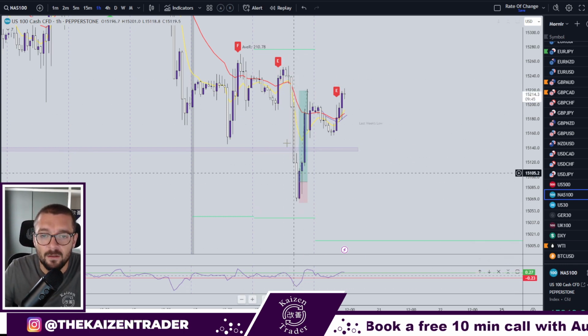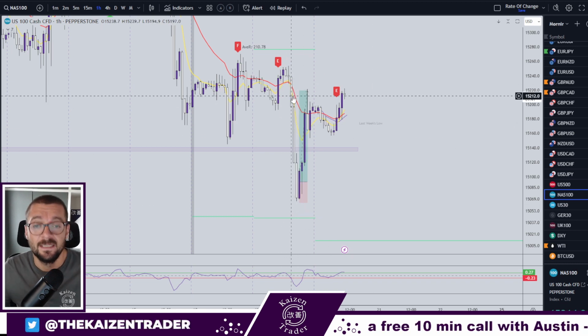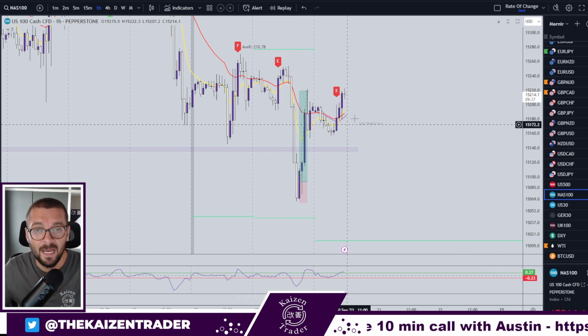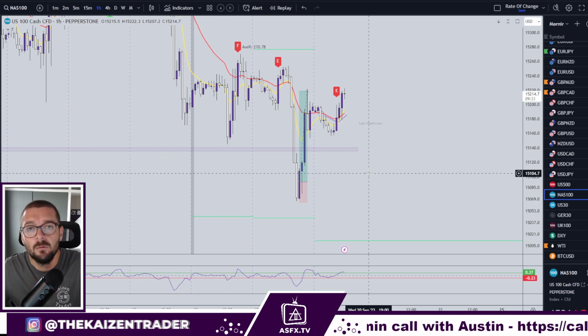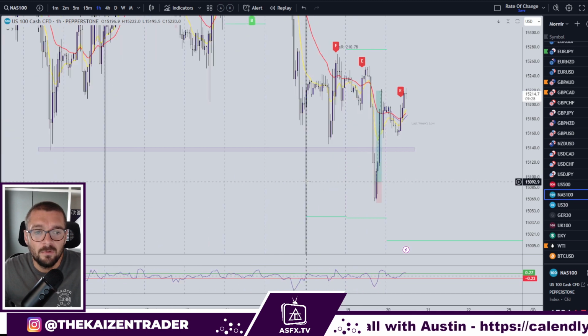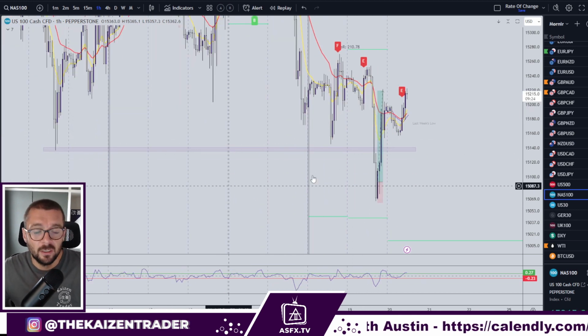So I know here that on the rate of change, which is the indicator that I use mostly to determine this, we've moved over 1% in 3 hours. And for me, that doesn't happen that often. It's around about the top 5 to 10 percentile of moves on the NASDAQ. So I know that we've had a pretty explosive move to the downside, taking out previous liquidity here.